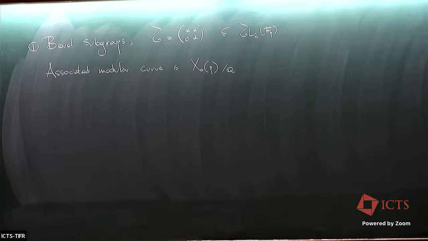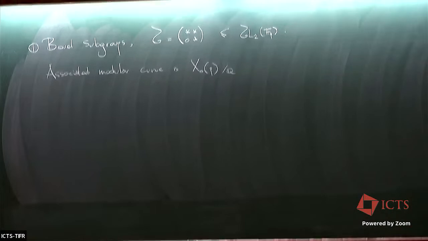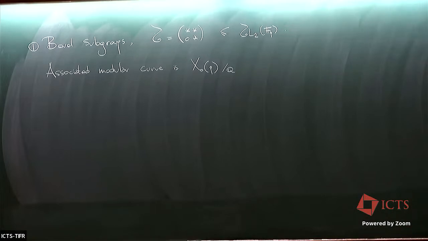Okay, so what are we supposed to do? We're supposed to look at this double coset, one side of which we've already worked out. Yeah? So we're now dealing with row vectors that are primitive, which just means that they're non-zero. Yeah? Everything else will be order P, modulo plus or minus 1, acting on both of the coordinates.